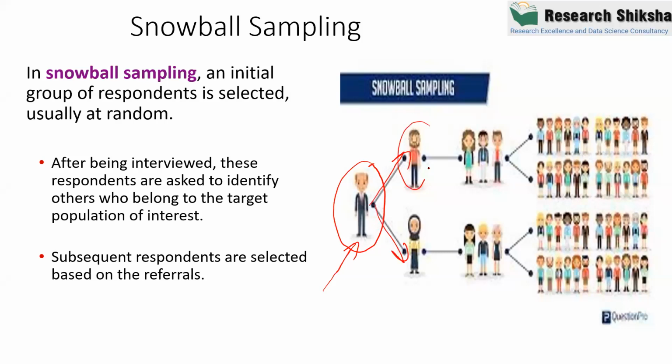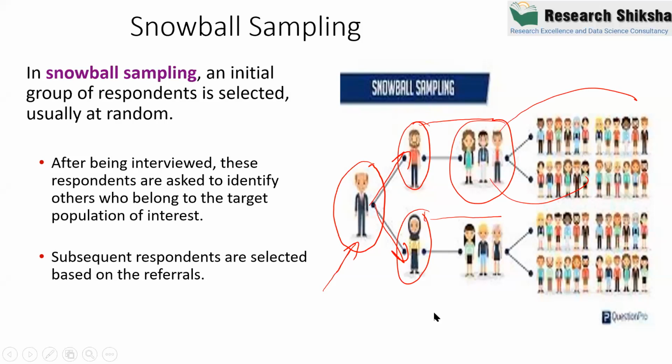Then you try reference 1, then reference 2, and ask for further references. This person gives you three references. This lady is also giving you three references. These three references will give you other references. So this is called the snowball sampling method. Basically, you are collecting the data set only on the basis of references.